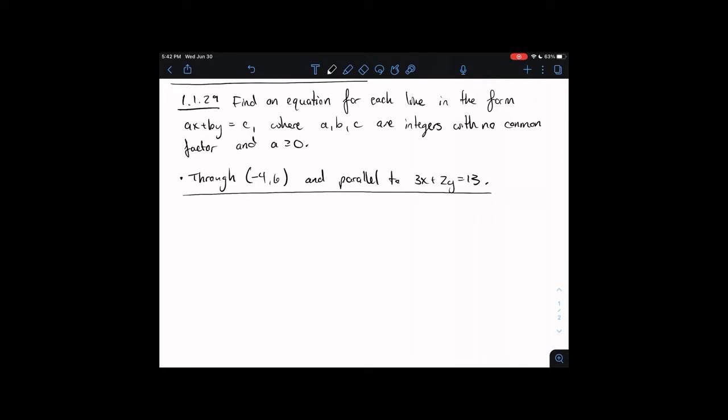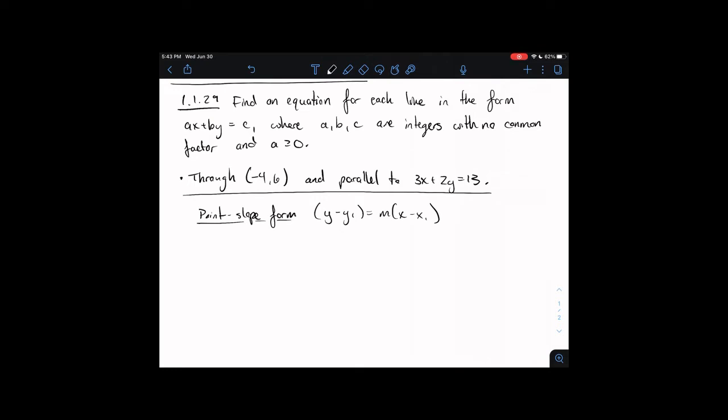The easiest way to do this, right now in my mind, is point-slope form. So recall that you have generally two ways of writing a line, and that's point-slope form or slope-intercept form. Point-slope form is y minus y1 equals m times x minus x1.